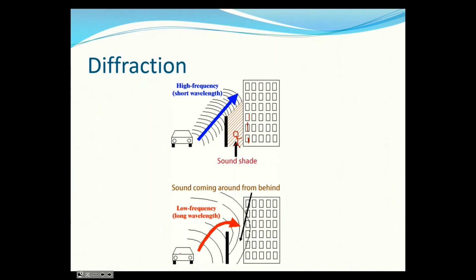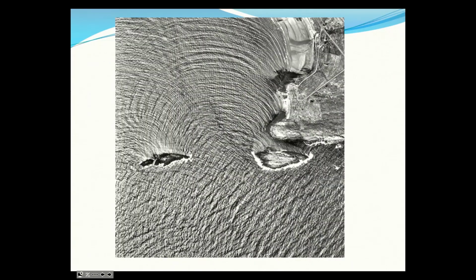But if this is a really low sound, a low frequency, those sound waves would be able to diffract around that wall. So if you're on the bottom floor here, you'd still be able to hear that really low sounding horn compared to the high sounding horn. So that's diffraction.